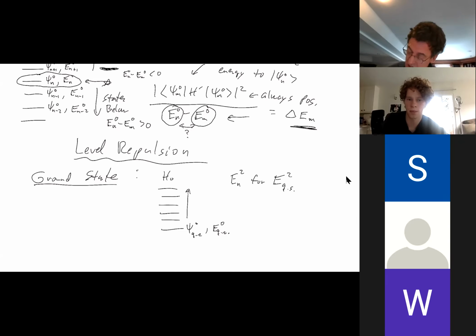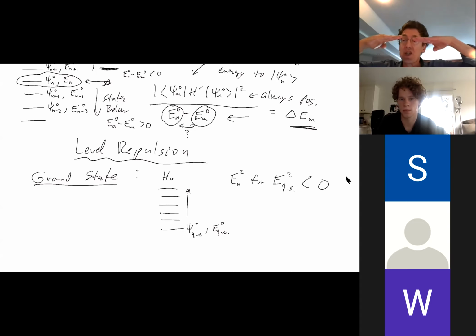That's right. It's always negative. That means by second order perturbation theory, we always lower the energy of the ground state. And that's sort of an obvious thing to notice just by this kind of simple mathematical reasoning. But it's a profound thing because it means that whenever you have a ground state, if you calculate the second order perturbation theory, that will always lower the energy of your ground state.